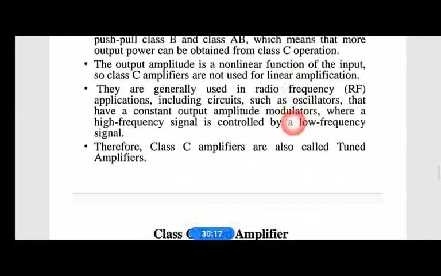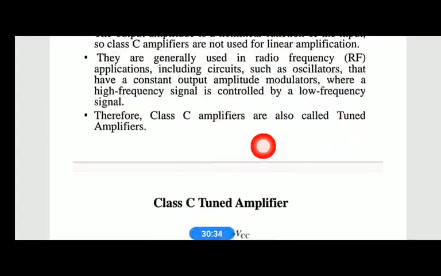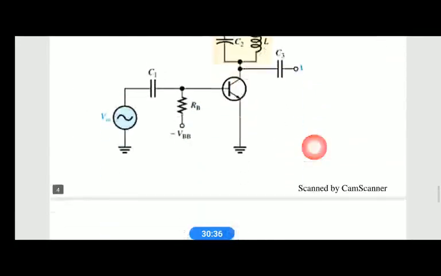They are generally used in radio frequency applications, including circuits such as oscillators that have a constant output amplitude, and modulators where a high frequency signal is controlled by a low frequency signal. Therefore the class C amplifier is also called a tuned amplifier.